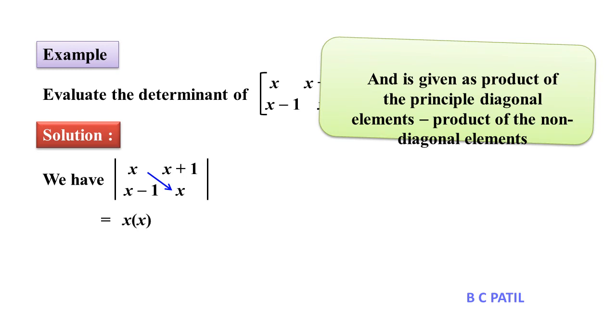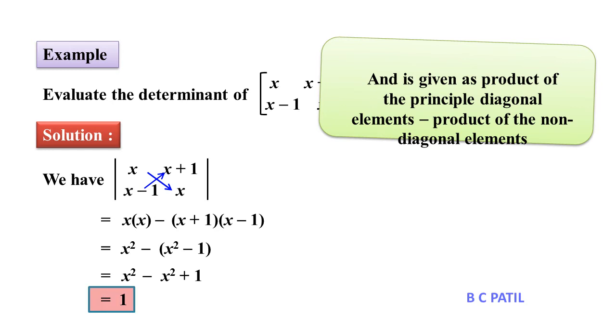So x into x minus product of non-principal diagonal elements, that is x plus 1 into x minus 1. x square minus x plus 1 into x minus 1 is of the form a plus b into a minus b. A plus b into a minus b is a square minus b square. Therefore x plus 1 into x minus 1 is x square minus 1. Let us remove the bracket. x square minus x square, minus into minus plus 1. So final answer is 1.